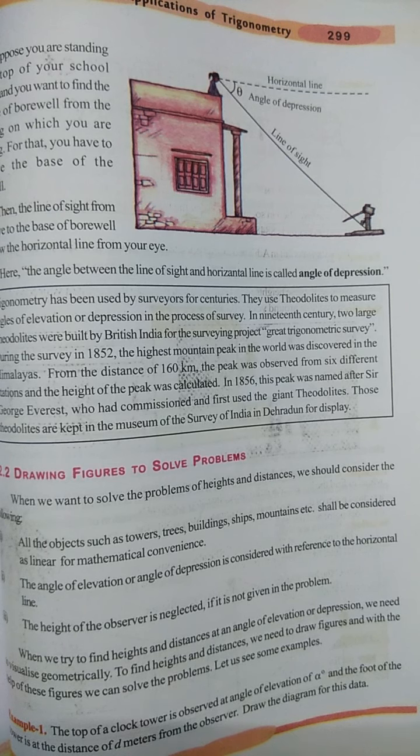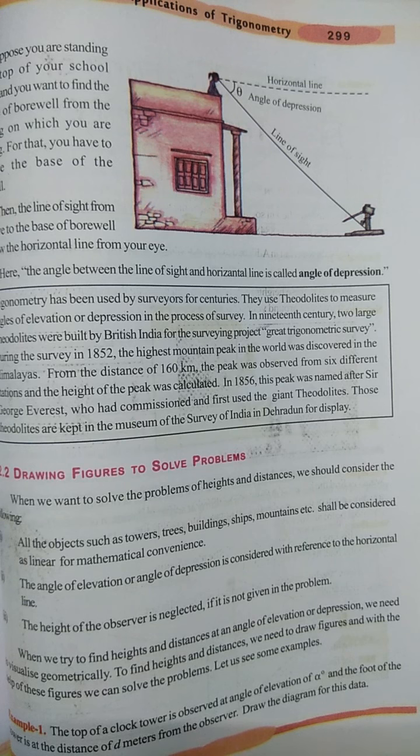Linear means you have to make a line for that, so that you can solve the problem easily. The angle of elevation and angle of depression are always formed with the horizontal line. Remember.